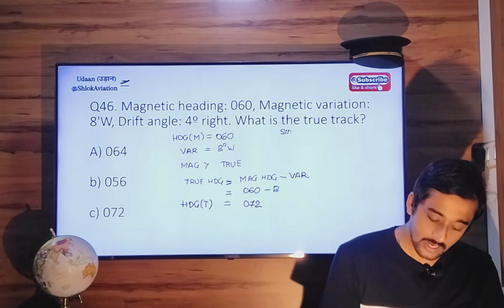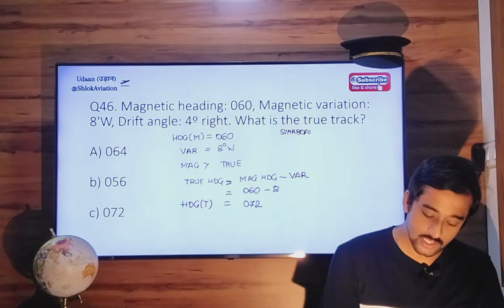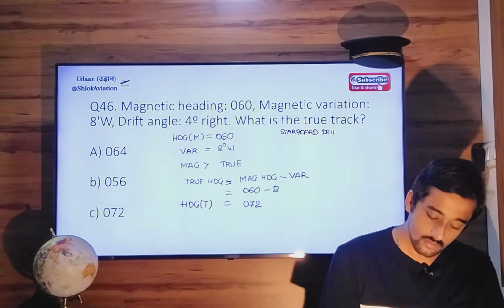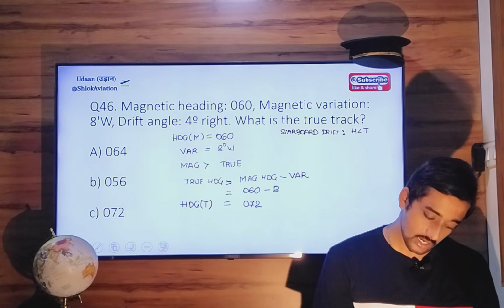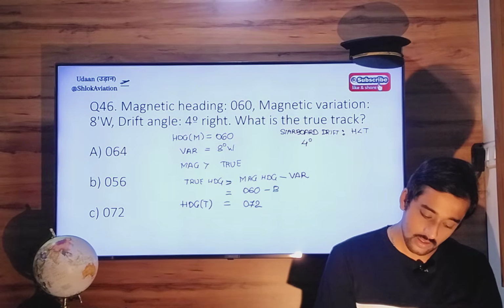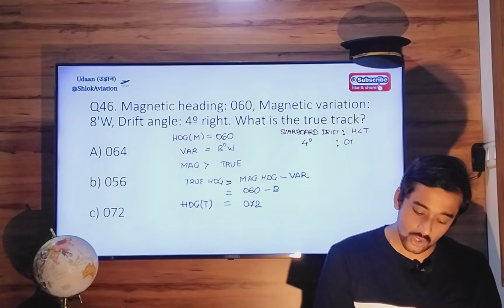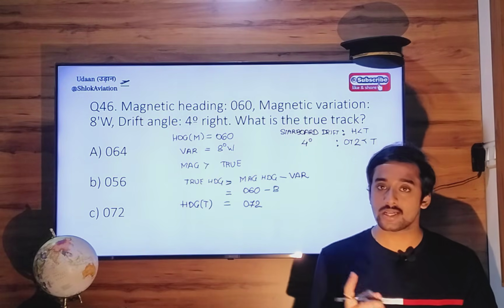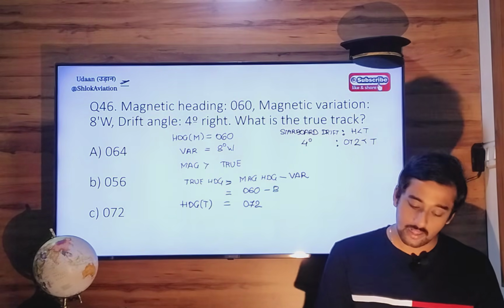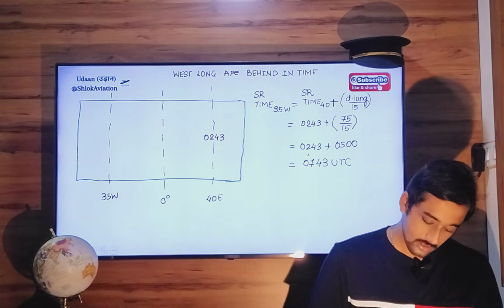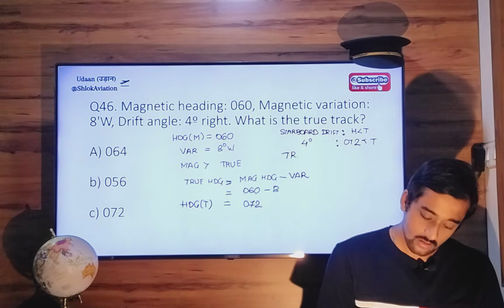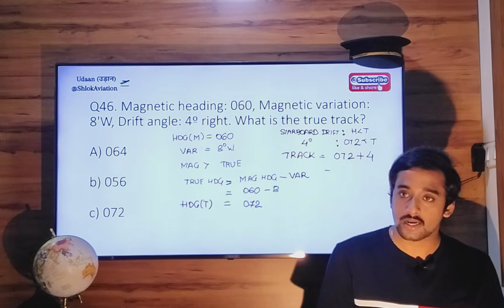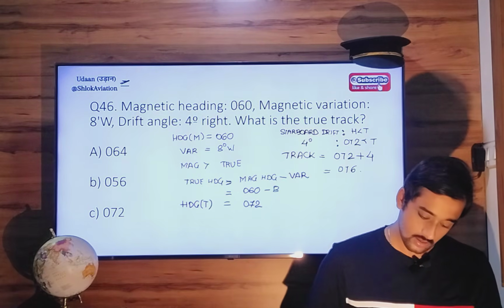So whenever you have a starboard drift, heading is less than track. Heading is 072, so track will be more than 072. Track will be 072 plus 4, that is 076.